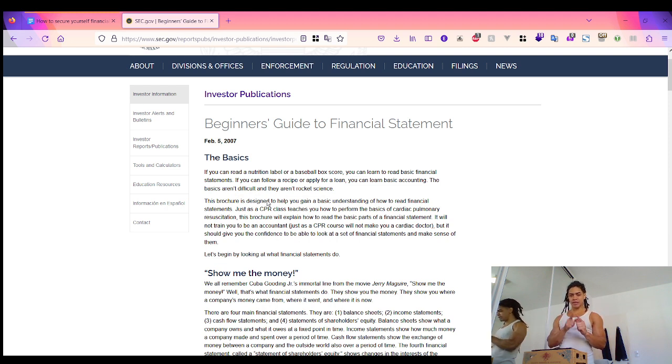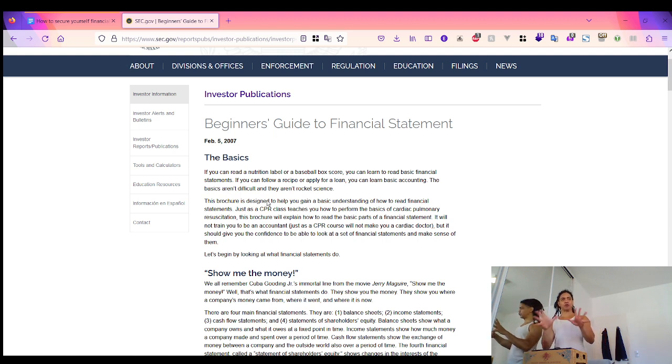It also shows the EPS, the earnings per share calculation, which shows how much shareholders would earn if all the company's earnings were distributed in a period of time. Companies almost never do that. In fact, they reinvest that in their own business.